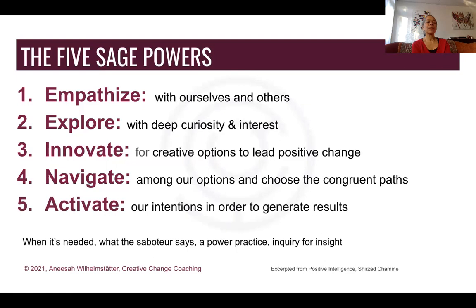So you will look now at when you need these powers, and how the saboteur gets in the way is something you will have an awareness of. And then today we're focusing on a power practice or the power game or any way that comes to mind that you can put this power into play. And then we always want to inquire. So we ask questions for insight.